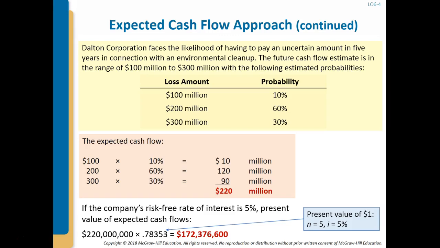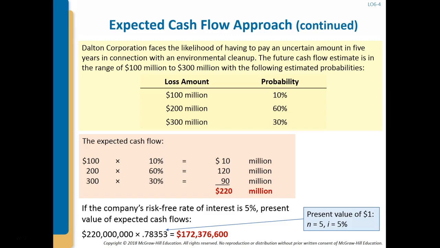With the approach described by SFAC number 7, the adjustment for uncertainty or risk of cash flows is applied to the cash flows, not to the interest rate. So this new expected cash flow approach incorporates specific probabilities of cash flows into the analysis.